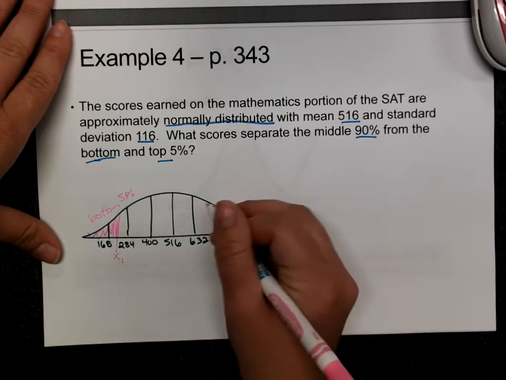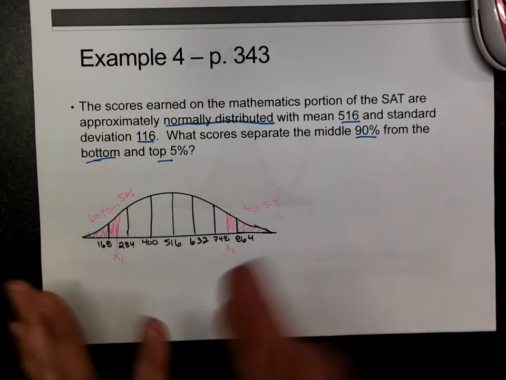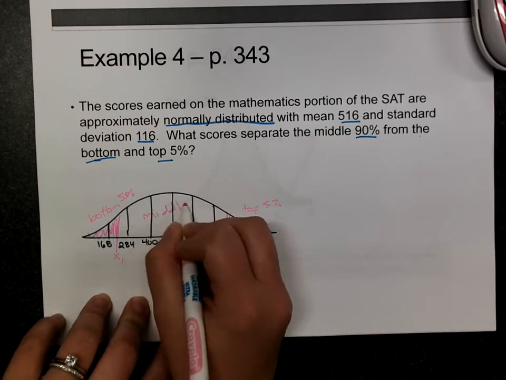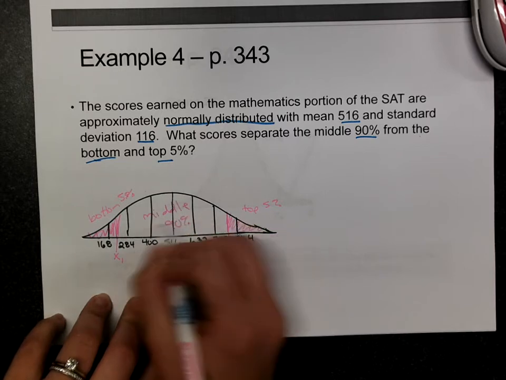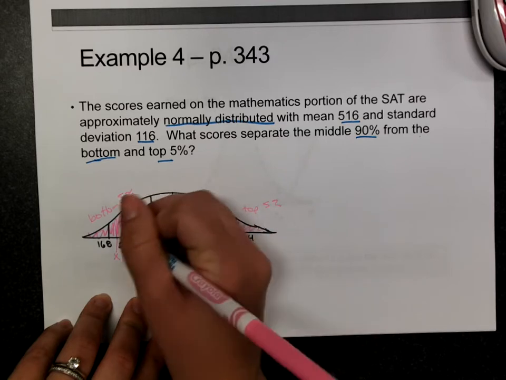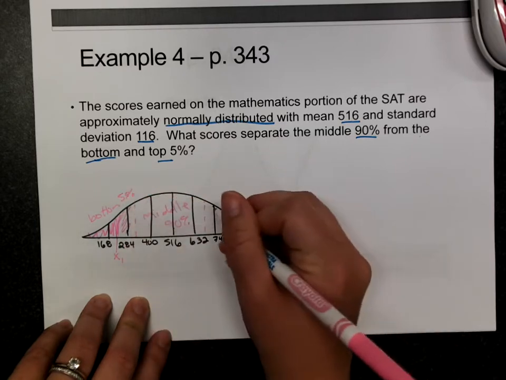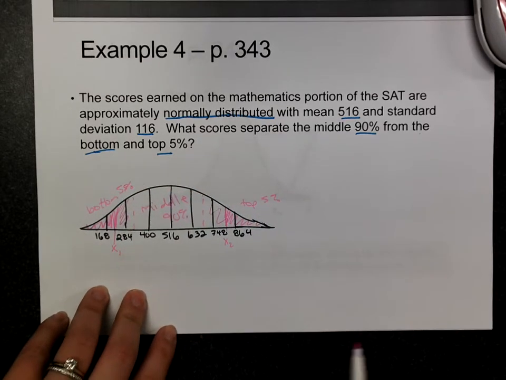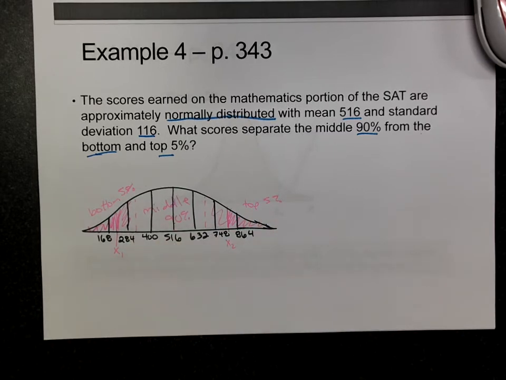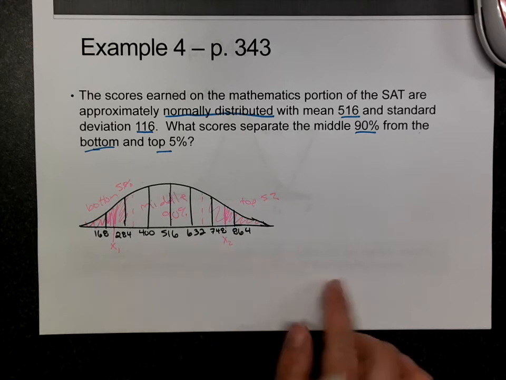It might actually be over here some more, but we're just kind of getting a sense of what we're looking at. We have the middle 90% somewhere in here, and then the target value for the bottom 5% and the top 5%. So it just kind of gives us a visual and kind of guesstimates where our values should be. So we're looking for 2 x values.